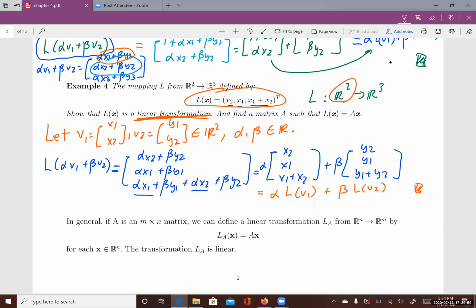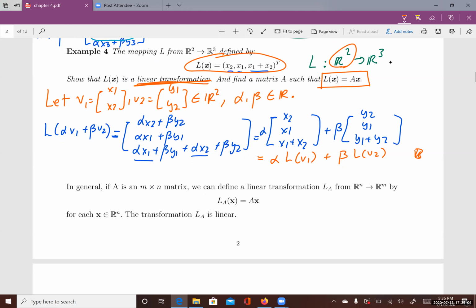And then you want to find a matrix A such that L(x) equals A times x. That's the goal here.